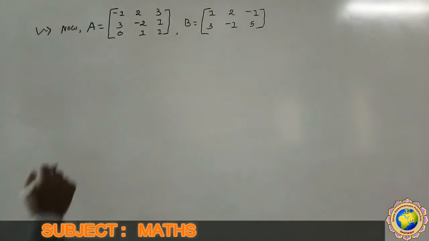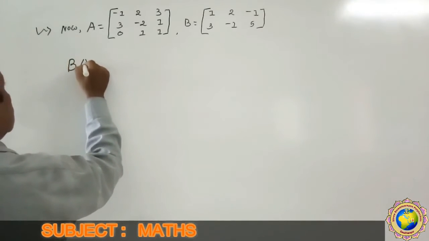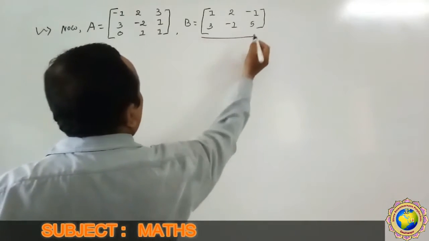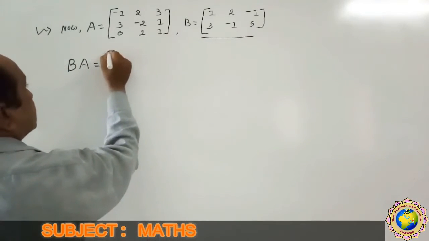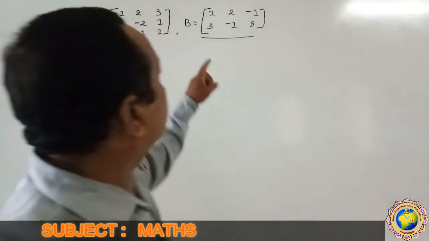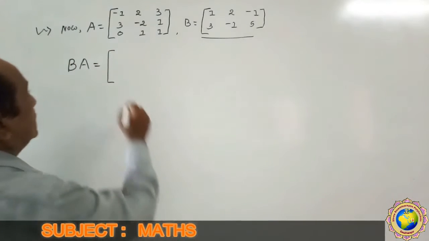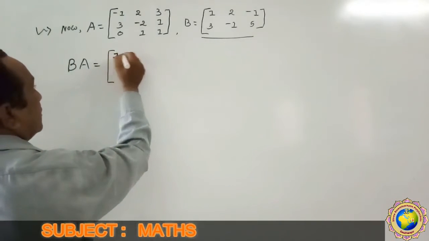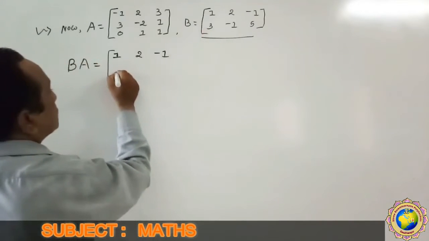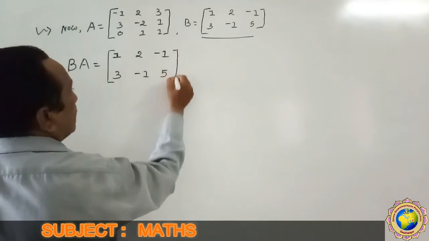Now we find BA. Here, first write down the value of B: first row 1, 2, minus 1, second row 3, minus 1, 5. Then here we write 1, 2, minus 1, second row 3, minus 1, 5.